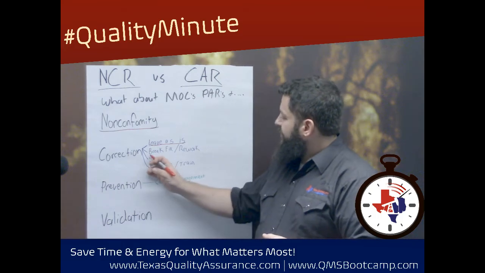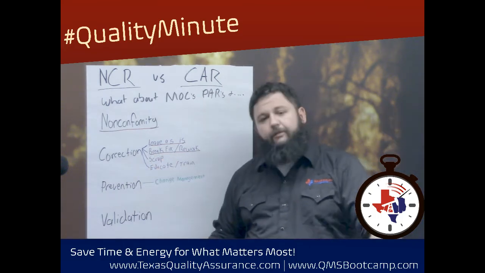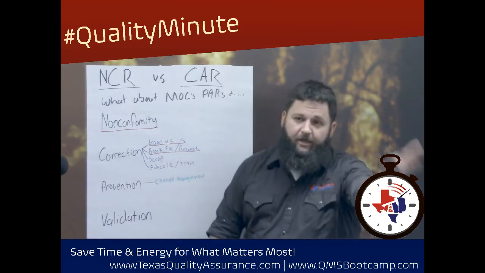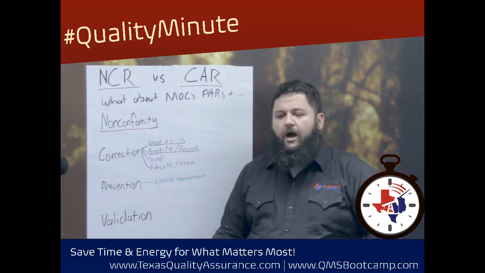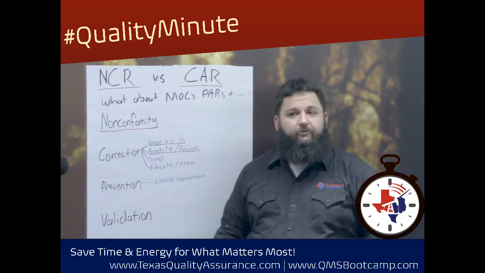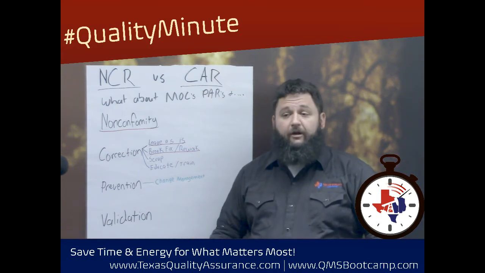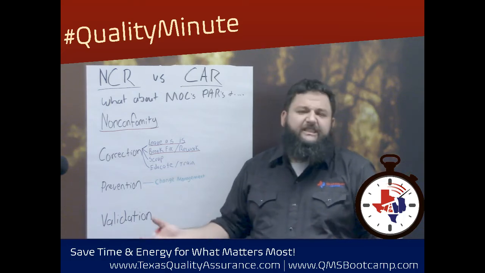The other one that we're going to look at here for a correction code is break, fix, rework. It's probably the most common one that you're going to use. The material was out of spec, we reworked it, it's now in spec, we move on. Not every problem requires a change to your process. Not every problem requires a large change in your organization. We just need to fix it.